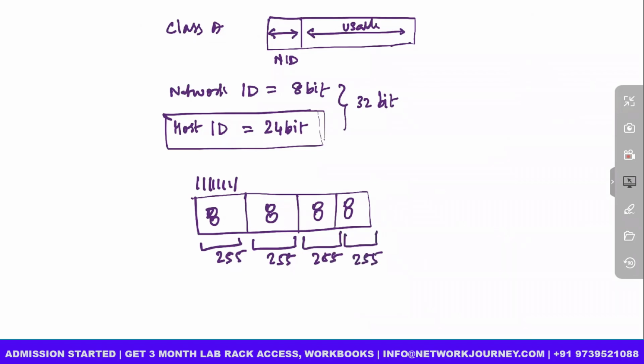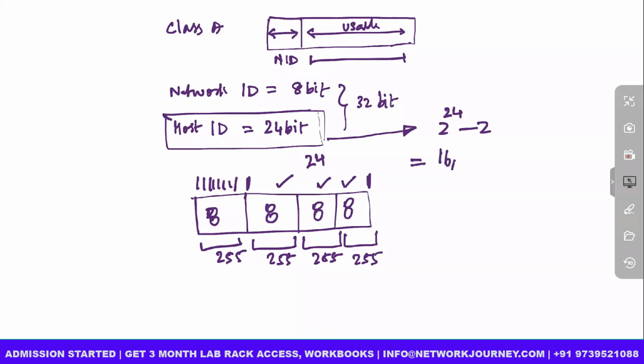So to calculate the total range, how many IPs it can have, because we have 3 blocks left, right? Which is nothing but 8, 8, 8, that is 24. So 2 to the power 24. And if you remove the network ID and broadcast IP, the first IP and the last IP, you will get somewhere close to this number of IPs.